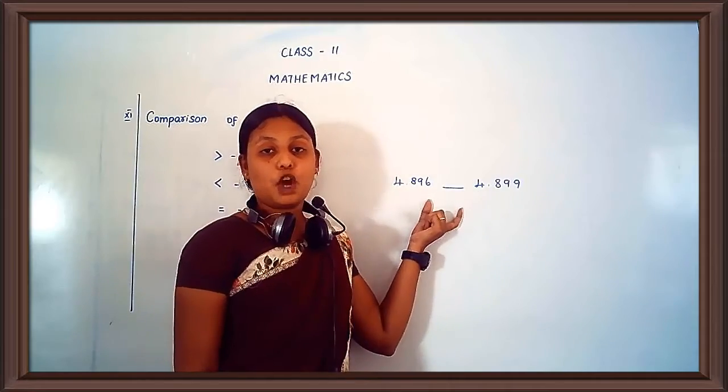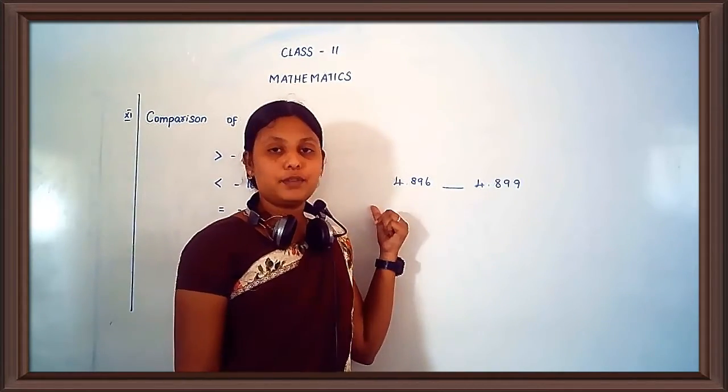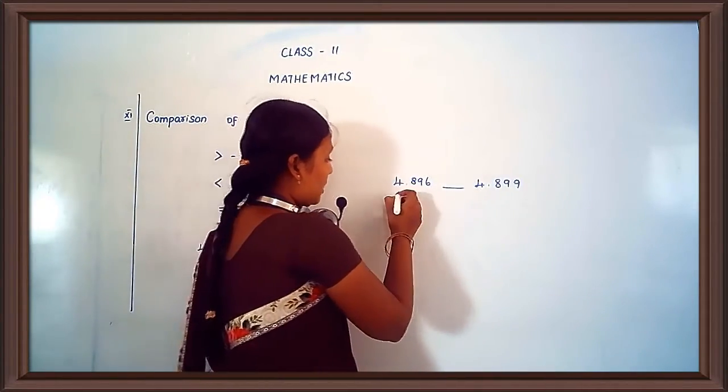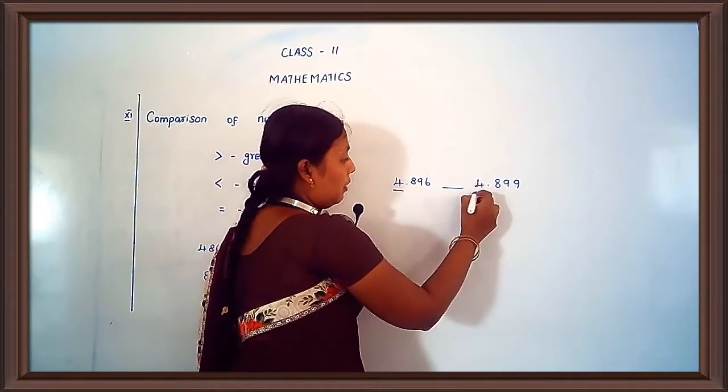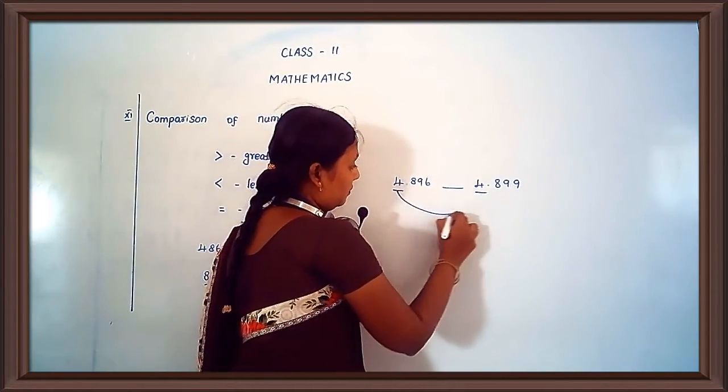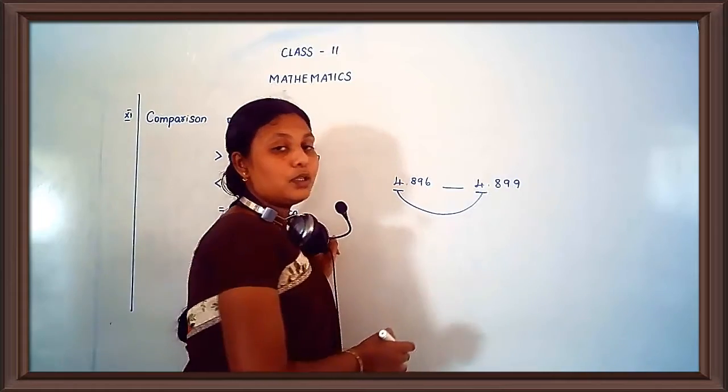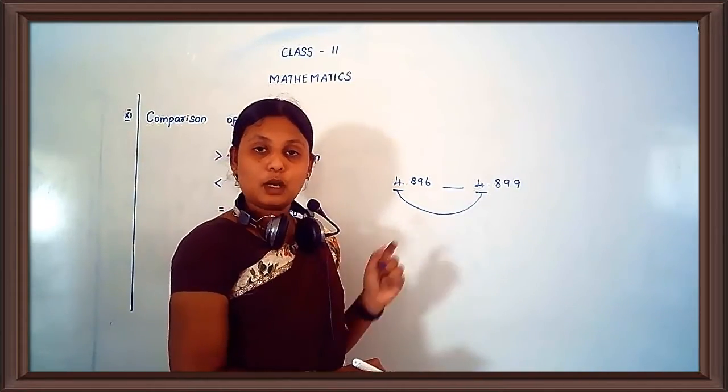First, start by comparing the digits on the left hand side. The first digit is 4 and 4, so the thousands values are equal.